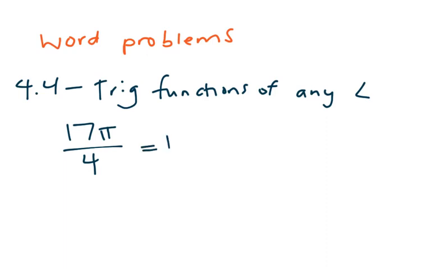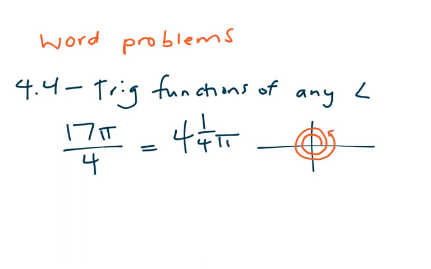So this would be the same thing as 4 and 1/4 pi. So the even whole numbers are on the right, which would mean this is 2, this is 4. 1/4 would put it in the first quadrant. This would be root 2 over 2 and root 2 over 2. And then you know how to go from there, right? So sine would be the y, cosine would be the x, tangent would be the y over x.